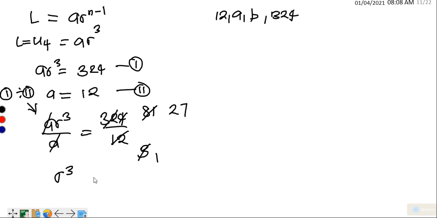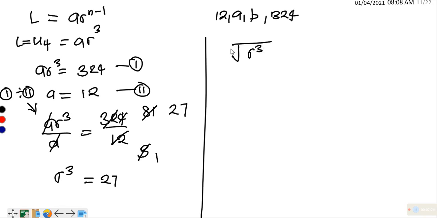So R cubed equals 27, and of course, taking the cube root of both sides, the cube root of R cubed equals the cube root of 27. The cube and cube root cancel each other, so we have R equals 3. So the common ratio of the sequence is 3.